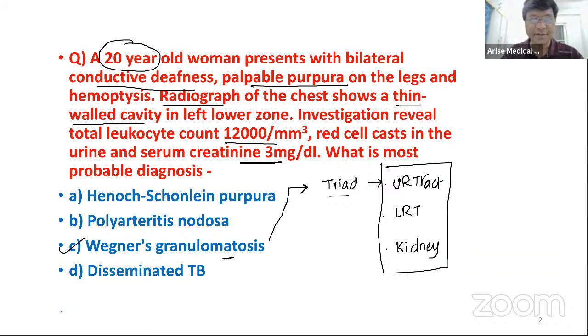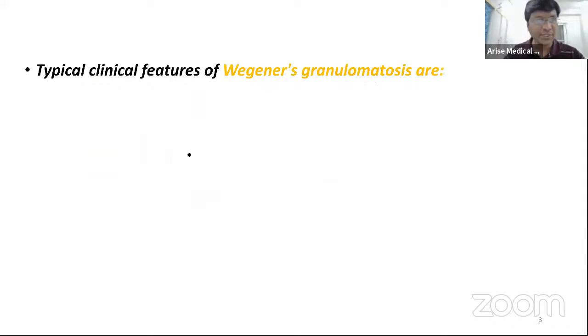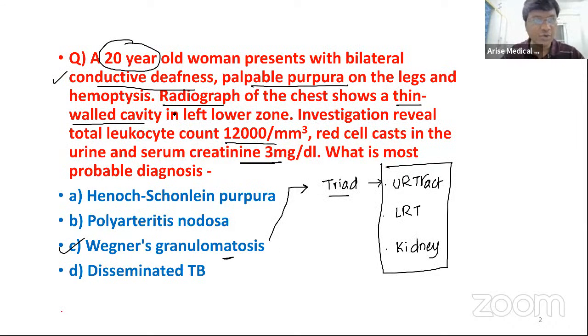What upper respiratory tract involvement is given in the question? Conductive deafness, right? Your upper respiratory tract includes the nose, and even the presence of conductive deafness we can take into consideration as upper respiratory tract involvement. Next, the radiograph is showing the presence of a thin-walled cavity.